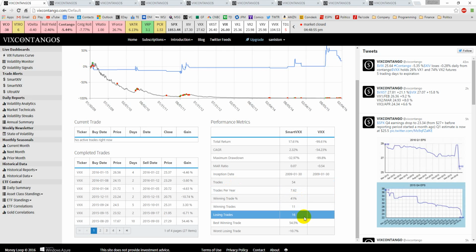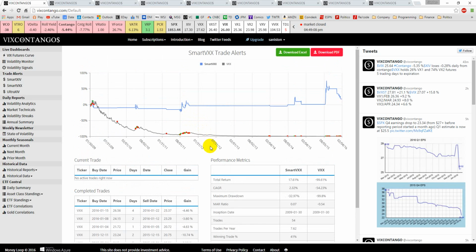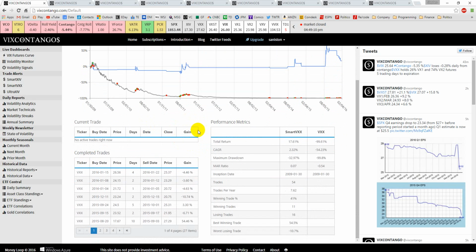Most of the trades are losing, which compared to the VXX itself, which has lost pretty much everything, is actually pretty good. This strategy only invests in the VXX when the volatility conditions are really red, and there have not been many such times, especially since 2009. It has been very difficult for this strategy to make money during this bull market.